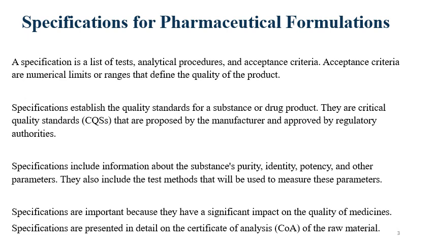Specifications are required to establish the quality standard for drug substance, drug product, packaging material, and raw materials. They are critical quality standards that are proposed by the manufacturer and approved by the regulatory authorities.